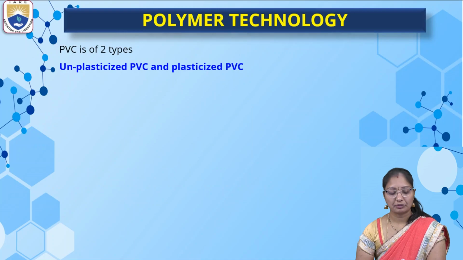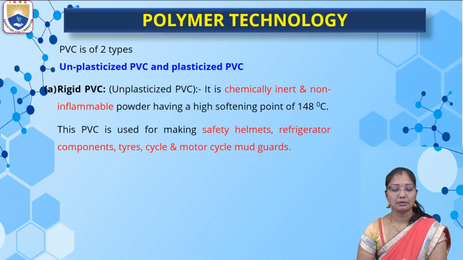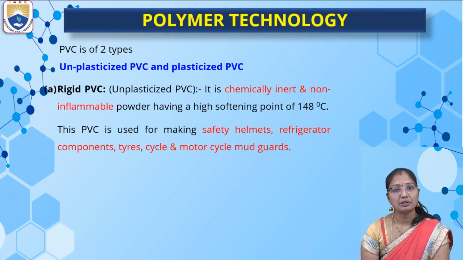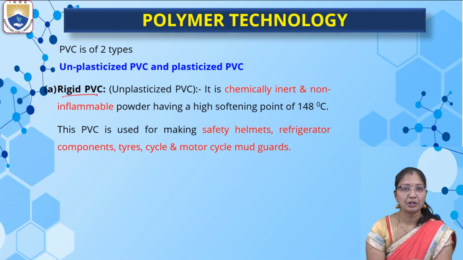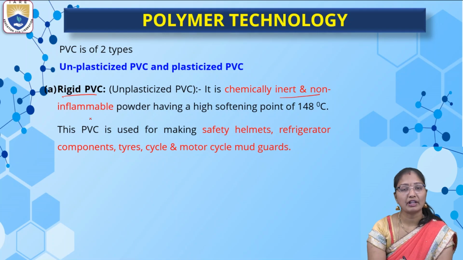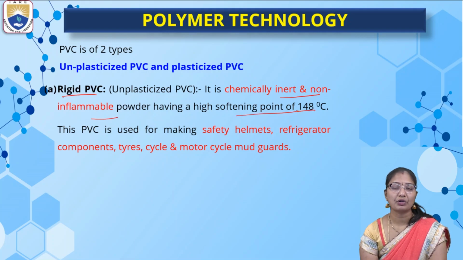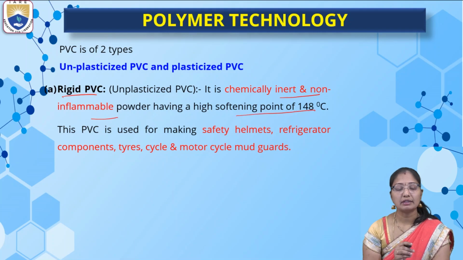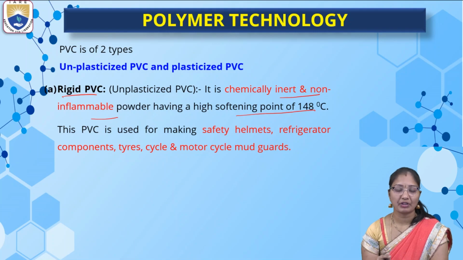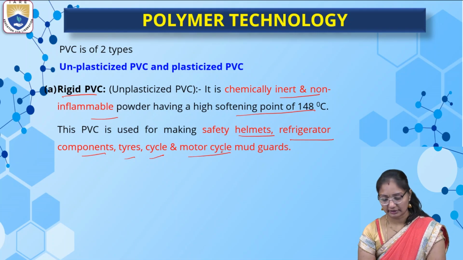There are two types of polyvinyl chloride: unplasticized PVC and plasticized PVC. Unplasticized PVC is nothing but rigid PVC, which is very hard. It is a chemically inert and non-flammable powder with a high softening point of 148 degrees centigrade. This PVC is generally used for making helmets, refrigerator components, tires, and cycle and motorcycle mud guards.